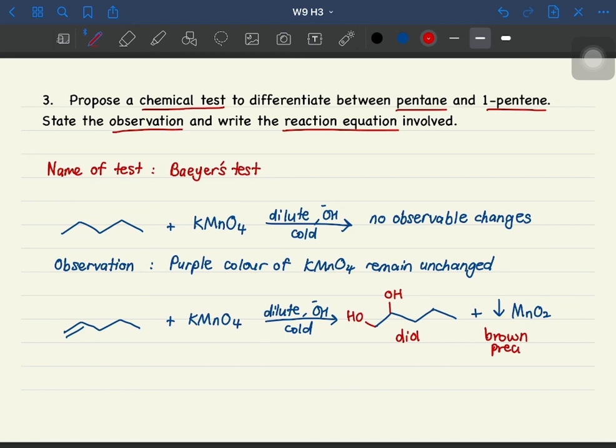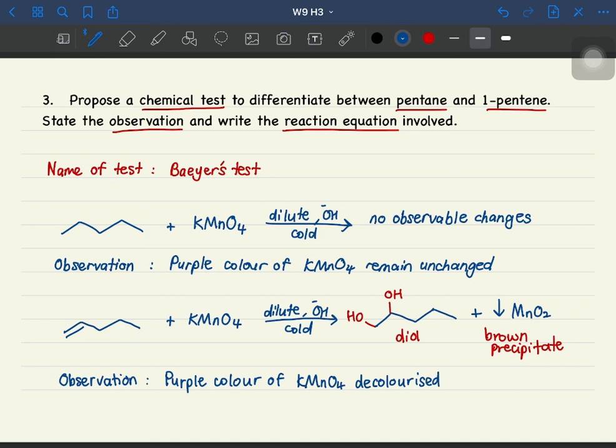So brown precipitate means that in our observations, we're going to have something different from the one in pentane. So our observations are going to include: 1, the purple color of KMnO4 decolorized because they are forming a reaction. So they are going to decolorize.